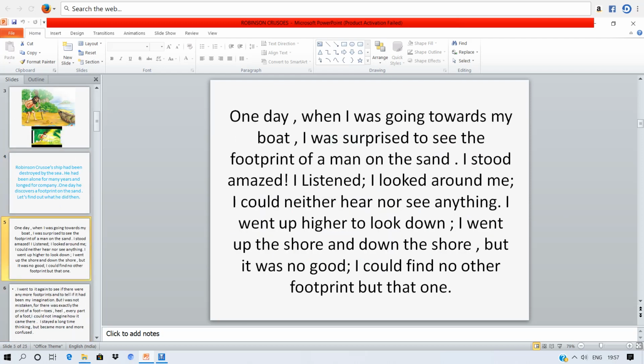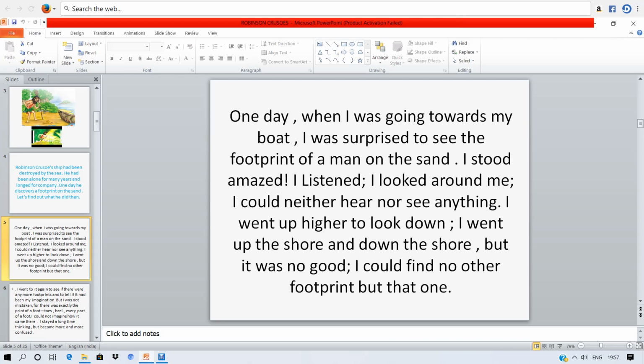Children, let us read the lesson very carefully. First, I will read and later on you will. One day, when I was going towards my boat, I was surprised to see the footprint of a man on the sand. I stood amazed.